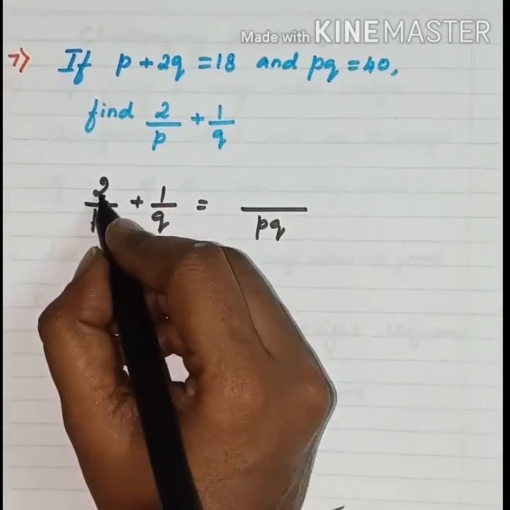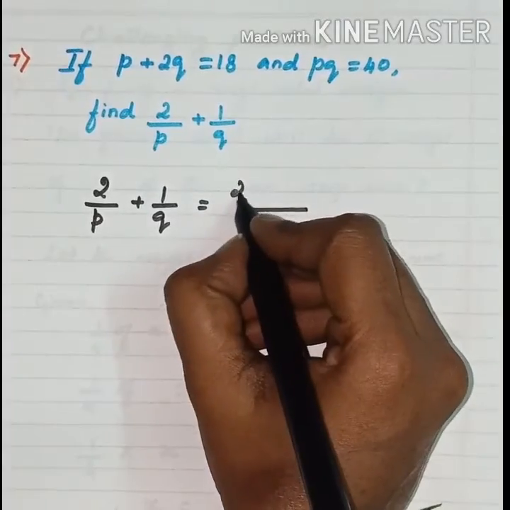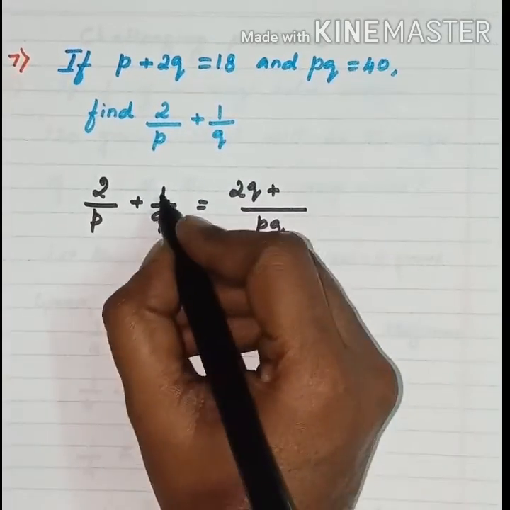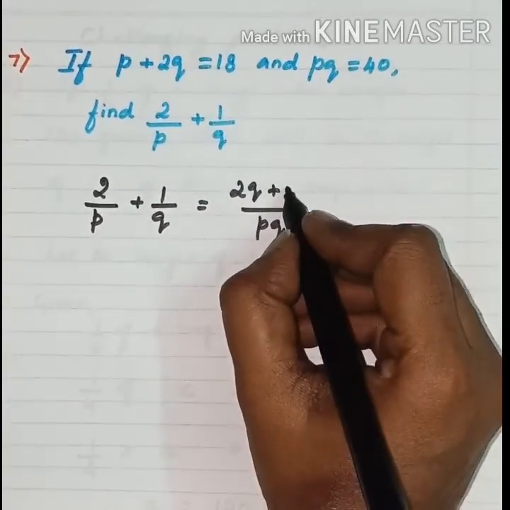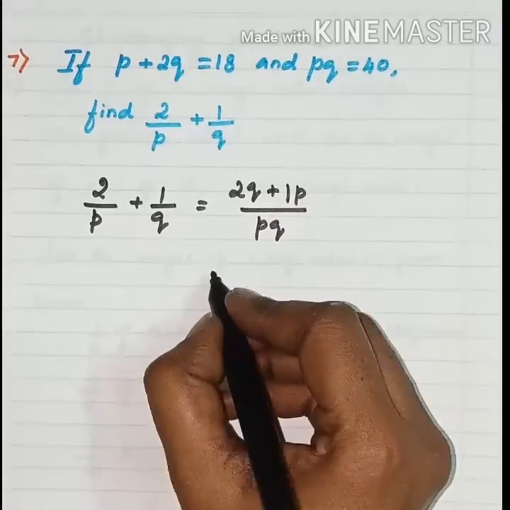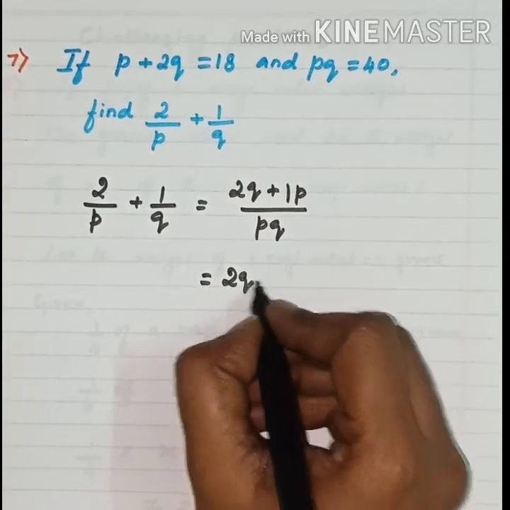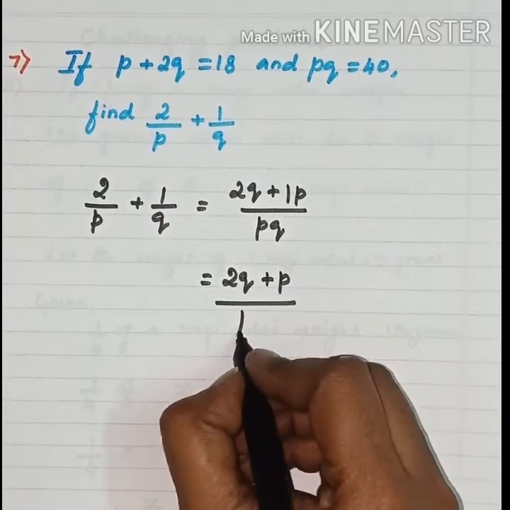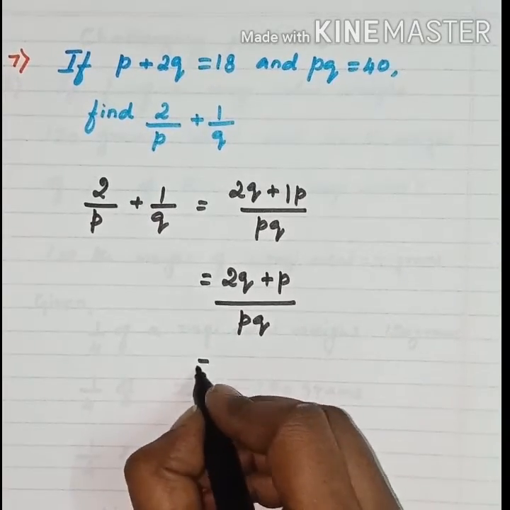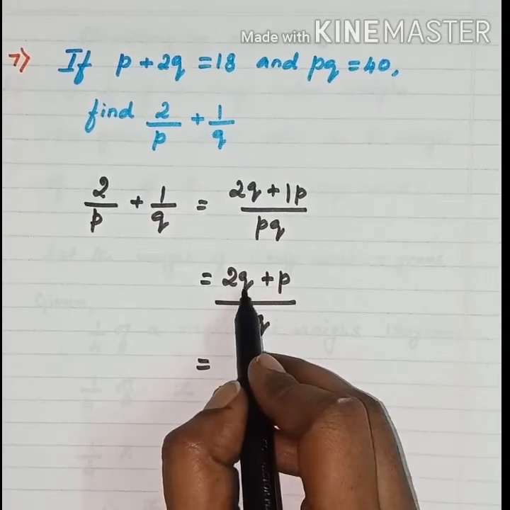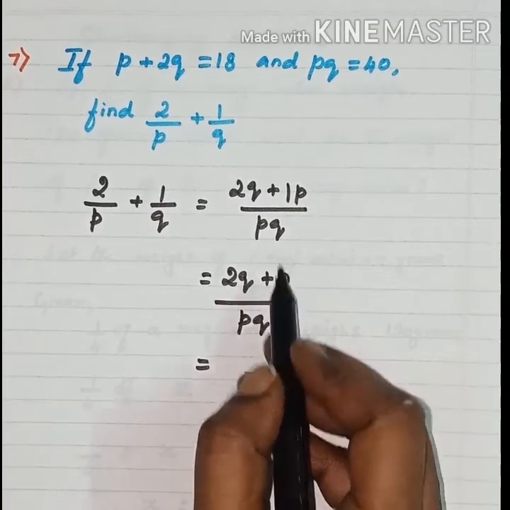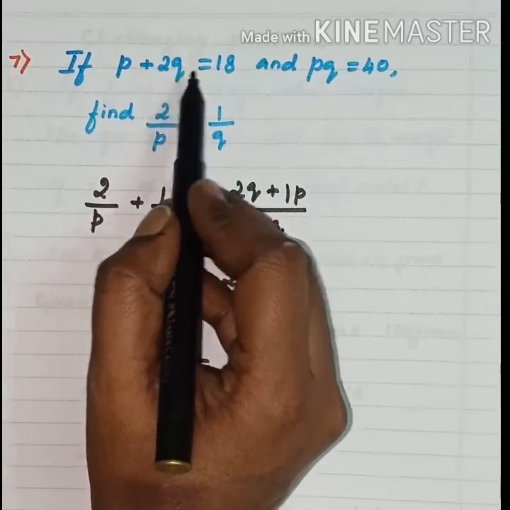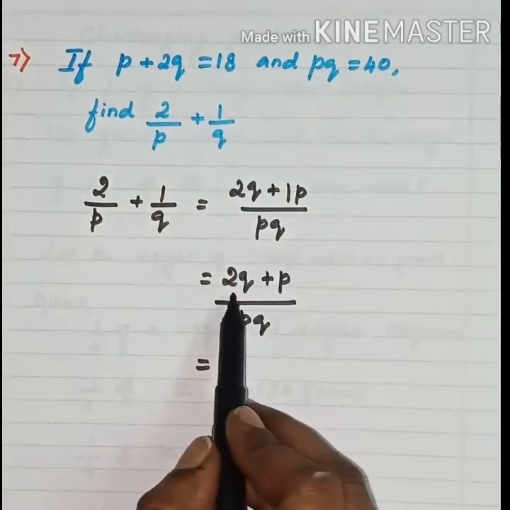Cross multiply it. 2 into Q is 2Q plus 1 into P is 1P. That is 2Q plus P by PQ. Here 2Q plus P. P plus 2Q is equal to 18.